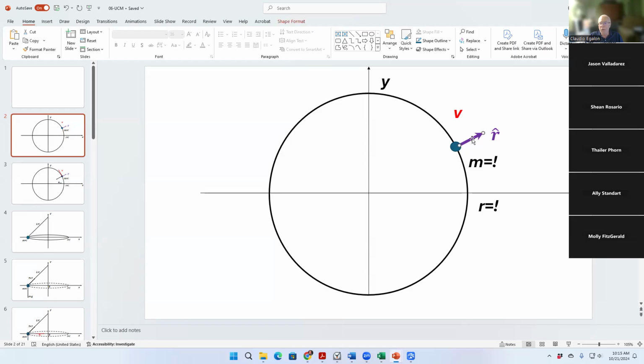Okay, the vector position of this particle can be denoted by the coordinates x and y, right? Here is x. Here's the position vector of the particle. And this position vector is denoted by the vector r.